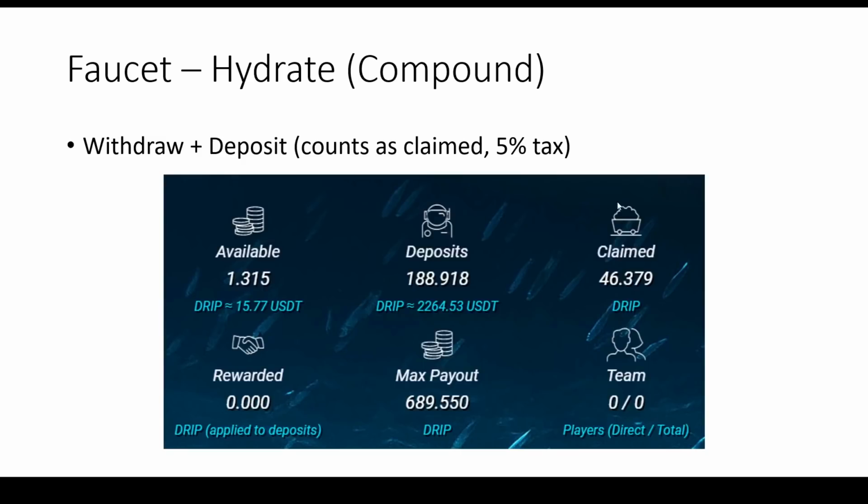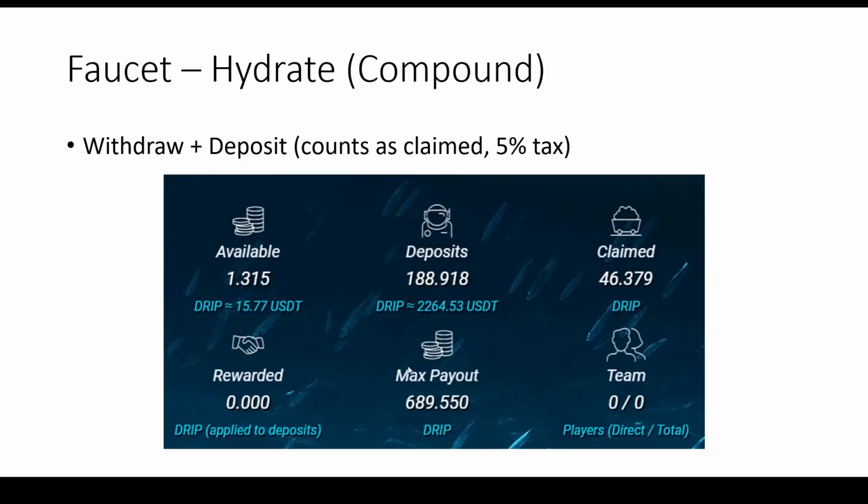So what's the big deal about that? Well, look at your max payout. This is the maximum payout that I can get from the Drip Network, from the Faucet contract. But I've already claimed this.